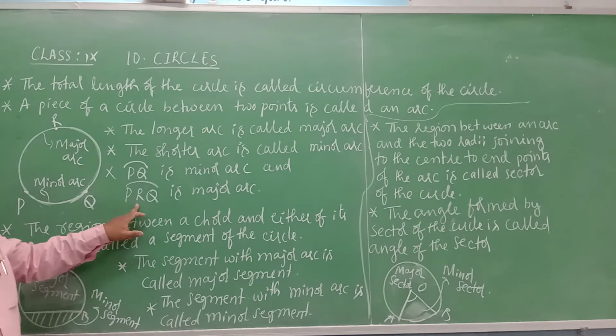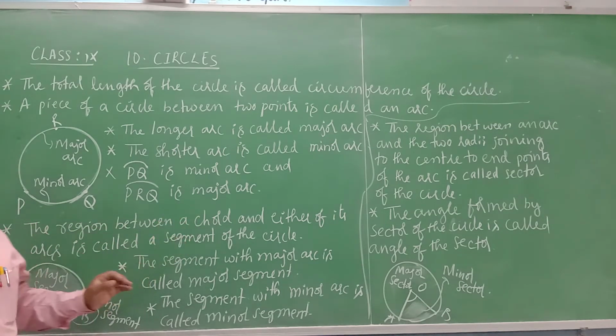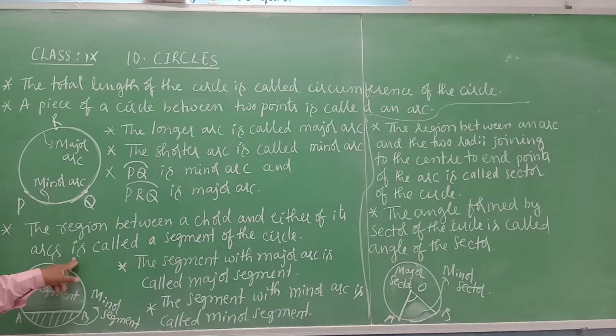Now, the region between a chord and either of its arcs is called a segment of the circle. This is the chord, and this chord divides the circle into 2 parts, that is 2 arcs. Either of the arcs. AB is one arc, and this is one more arc, that is BCA. You can see some point C here. So this region is known as a segment, and even this is also a segment.